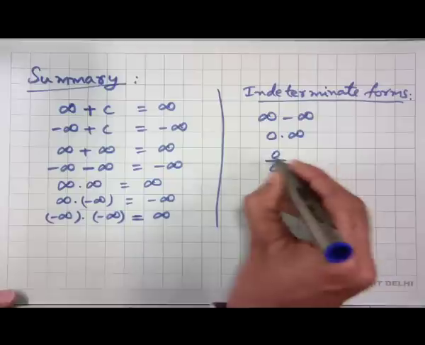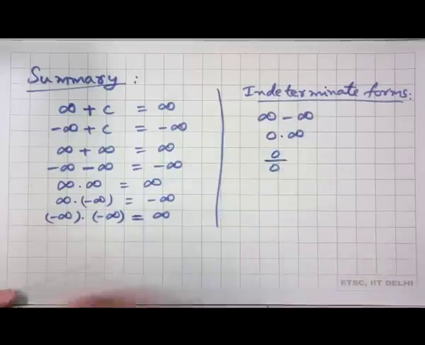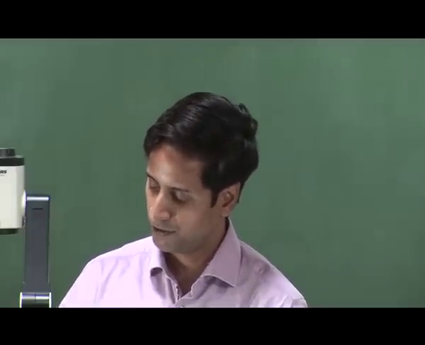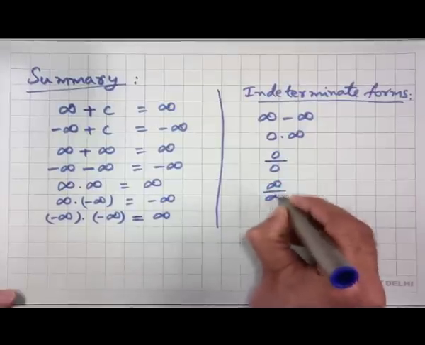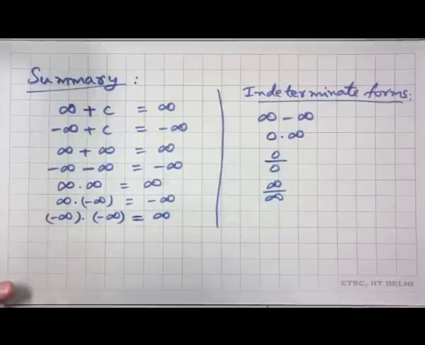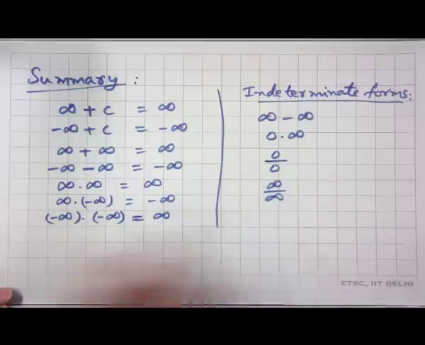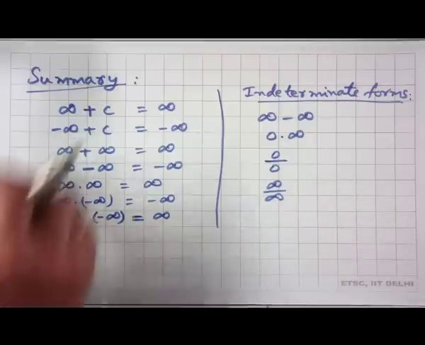It can be a real number, or it can be 0, or it can be infinity. Infinity by infinity is again an indeterminate form, and later we will see some more indeterminate forms.